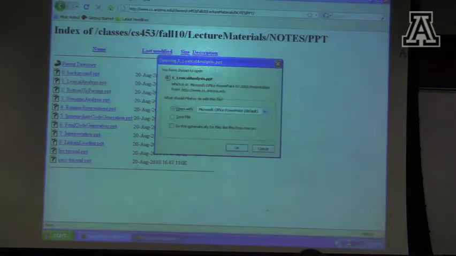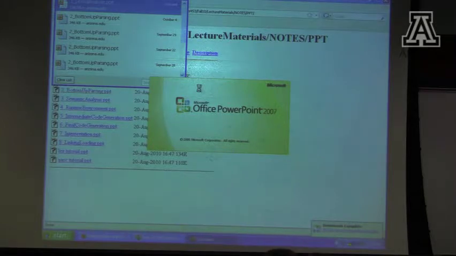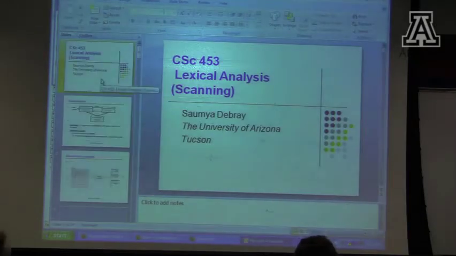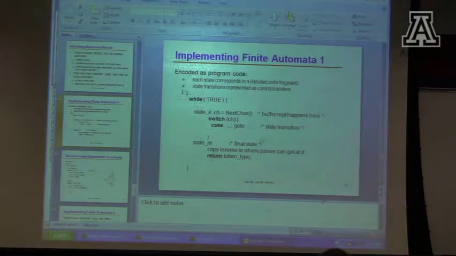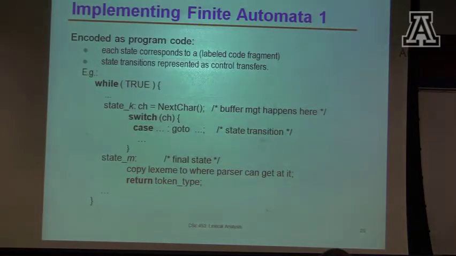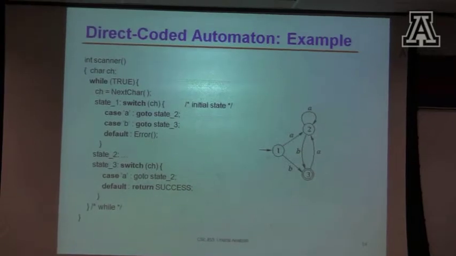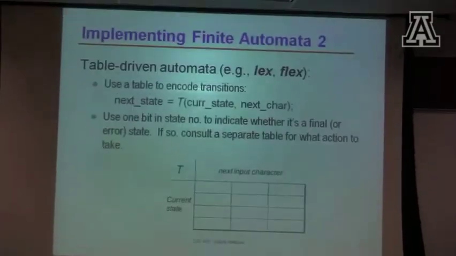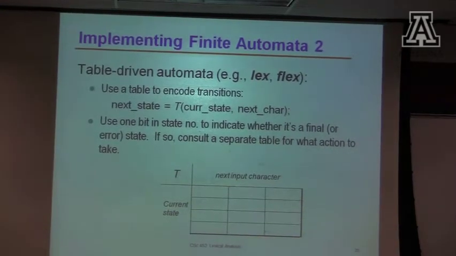Where that came from was here. This thing is slow. So that's where this came from. How do you implement finite automata? You can implement them using code, and that's what the code looks like. Or you can implement them as tables, table-driven automata. So that's where this came from.